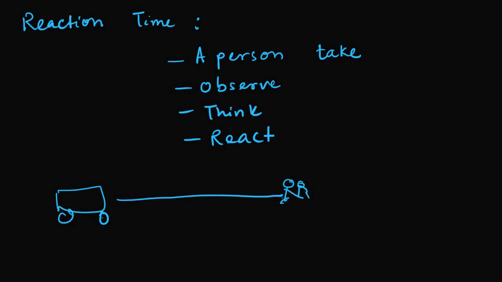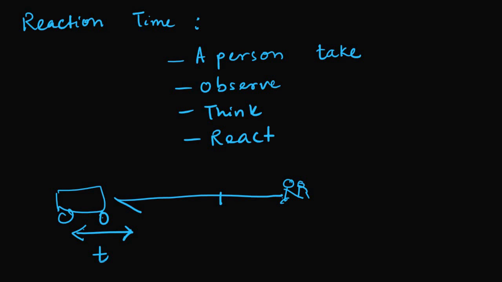So let's say that a person is driving a car, suddenly a boy appears on the road out of nowhere. Now the time elapsed before he applied the brake and stopped is called the reaction time. That is, between driving and applying the brake, this is the reaction time.